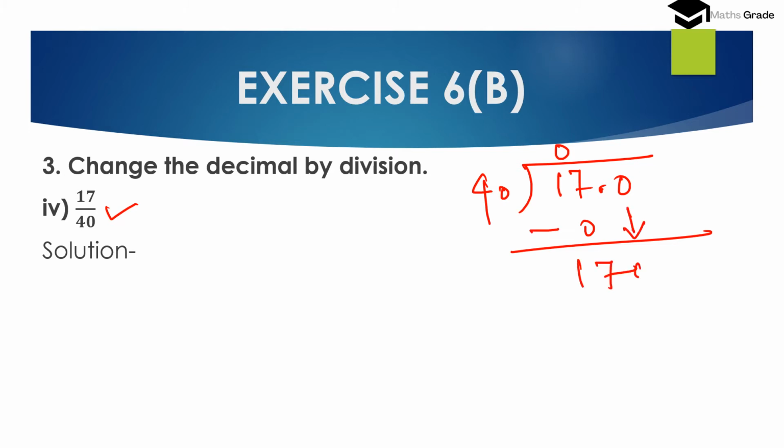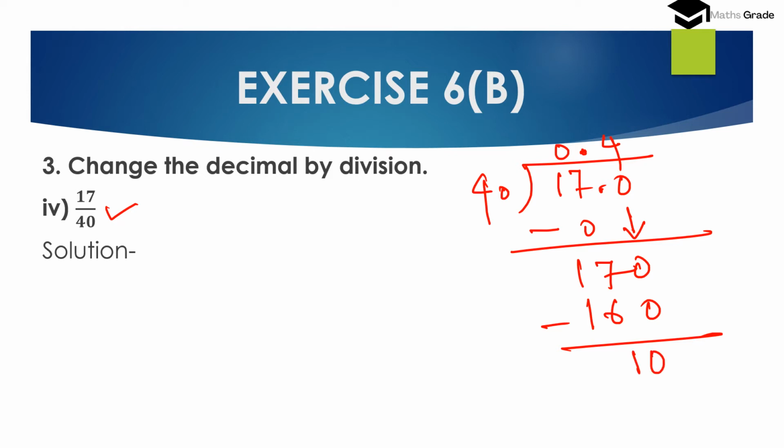Put this 0. Now in the table of 40, 40 multiplied with 4 is 160, and 40 multiplied with 5 is 200. 200 is more than 170. So we have to put the decimal point here, and multiply 40 with 4, which is 160. Now 17 minus 16 is 1.